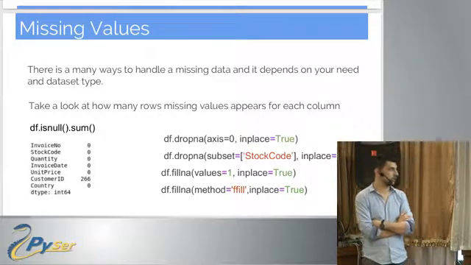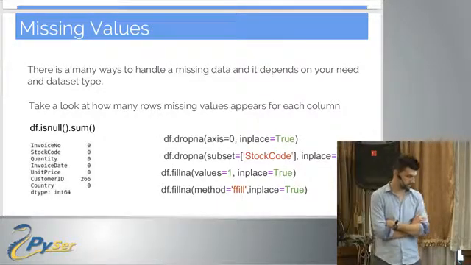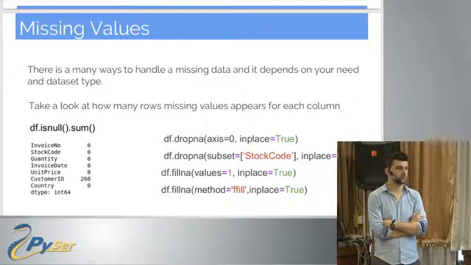With fillna you can keep those rows or columns, but fill those null values or replace them with any values you want. In this case, it is replaced with value 1, but you have to think of your data type and what you want from your data.